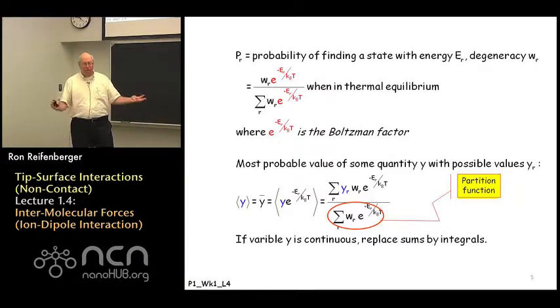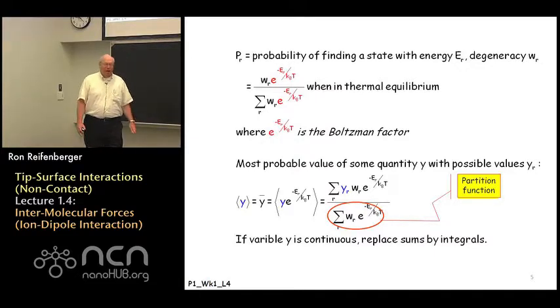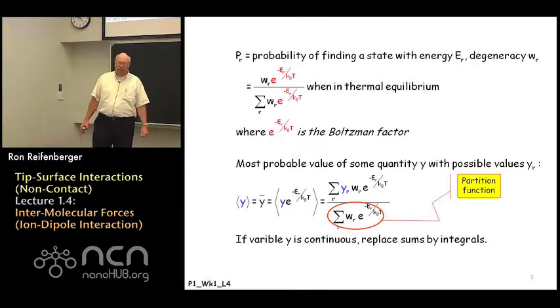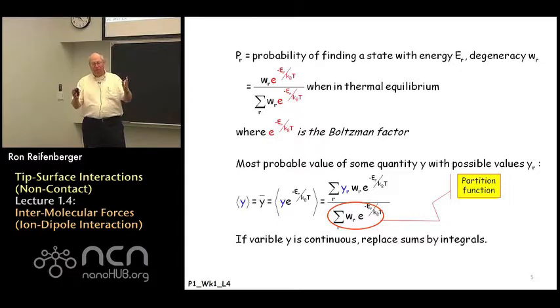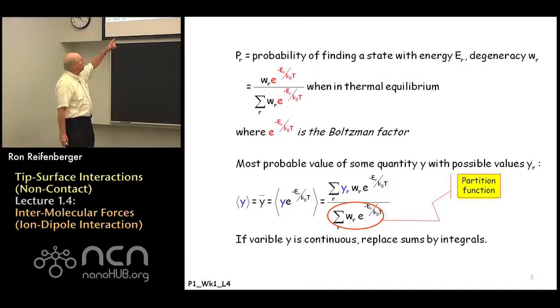The denominator is just the sum of the weighting factor times the Boltzmann factor for all possible states of the system. So that includes a sum over r. So the most probable value of some quantity y with possible values y sub r is then given by the last equation in this slide.